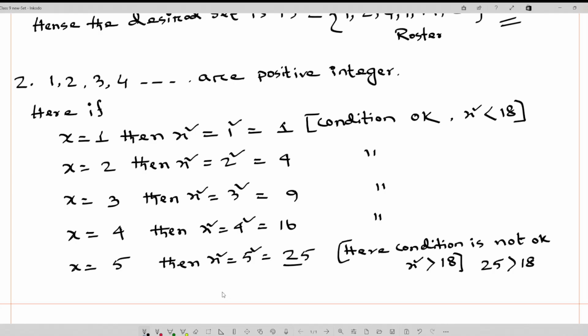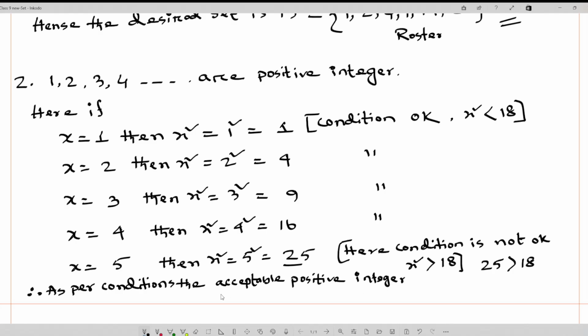So in this case we can write, as per the condition, the acceptable positive integers are 1, 2, 3 and 4.